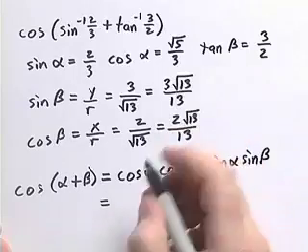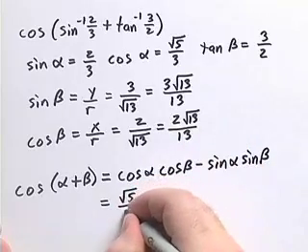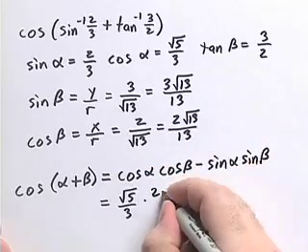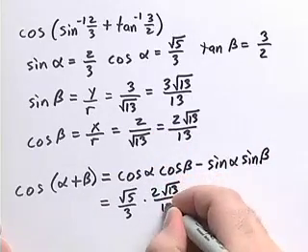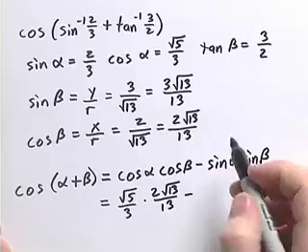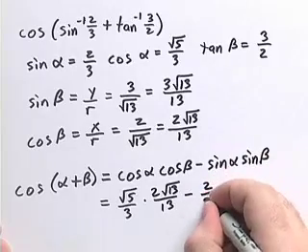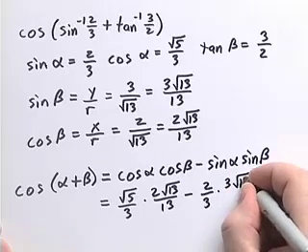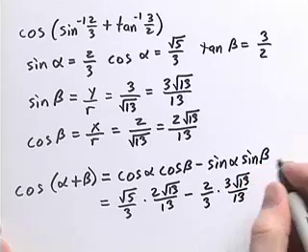You know that cosine alpha is the square root of 5 divided by 3. Cosine of beta is 2 times the square root of 13 over 13. Sine of alpha was 2/3. And the sine of beta is 3 times the square root of 13 over 13.